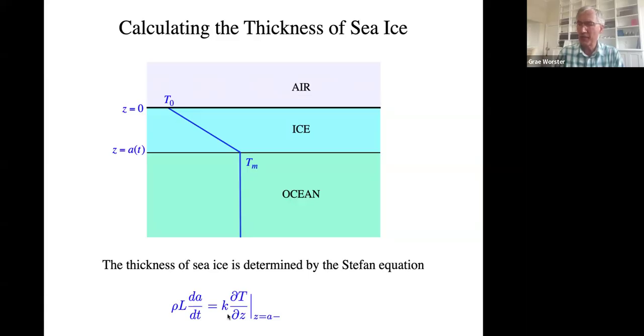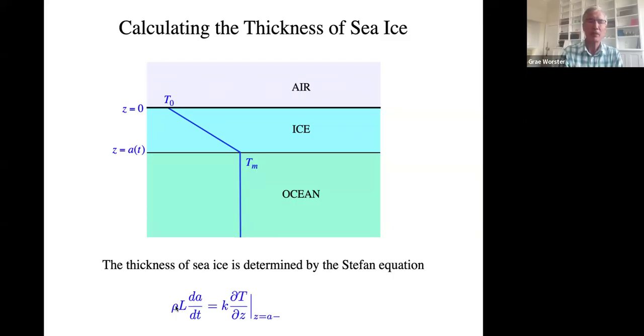So what does the removal of the heat do? In this case, the removal of heat is not causing cooling, but it's causing solidification, the change of phase from water into ice. And we can balance that heat flux with the latent heat. This is this L. L is the heat per unit mass required to change water into ice.